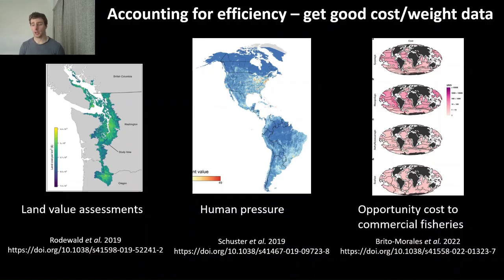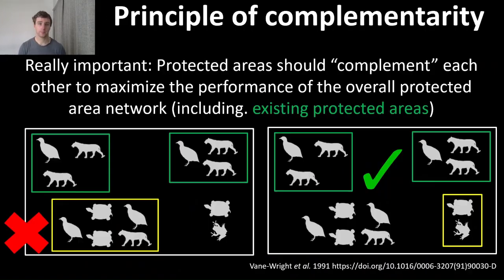And if you've got stakeholders that are directly from commercial industries, say commercial fisheries, you can use opportunity cost data to understand if we were to establish a conservation area here, how much would that negatively impact this stakeholder? You could do similar kinds of opportunity cost layers for urban development or recreational fishing and that kind of stuff.